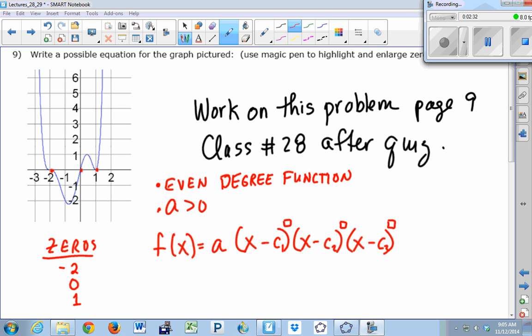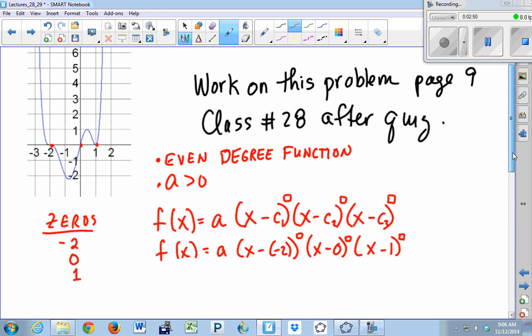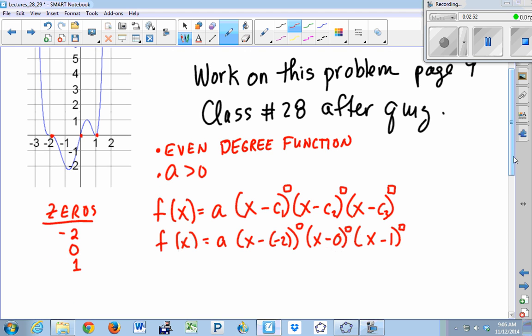So I go up and I fill in each one of those factors with each one of those values, and I say, okay, x take away a -2 to some power, x take away a 0 to some power, and x take away 1 to some power. And then I clean this up a little bit. I simplify it. I say, okay, I can write x take away -2 as x plus 2 to some power.